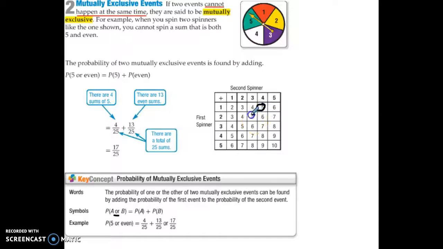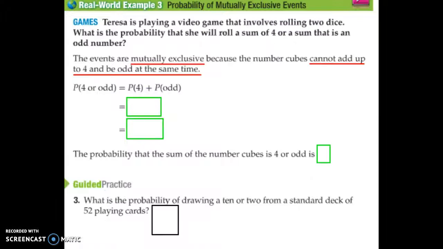There's 1, 2, 3, 4 ways I can spin a 5. Okay, so it's 4 out of 25. And then how many ways can I get an even number? So 1, 2, 3, 4, 5, 6, 7, 8, 9, 10, 11, 12, 13. There's 13 ways to get an even number. So it's 13 out of 25. And I'm going to add these together, because they're mutually exclusive. The word or means to add.